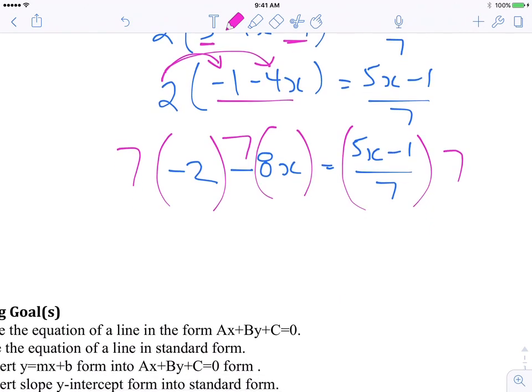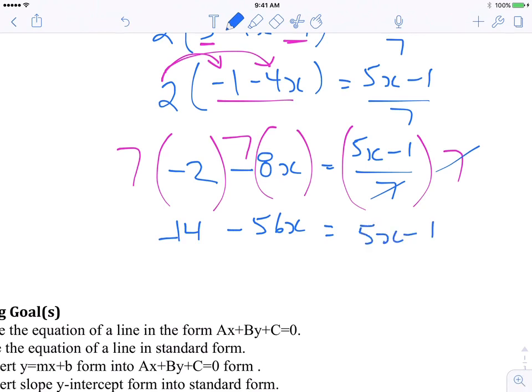By doing so, we end up with 7 times negative 2, which is negative 14, minus 7 times 8x, which is 56x. The 7 cancels out the 7 on the right, and we're left with 5x minus 1.